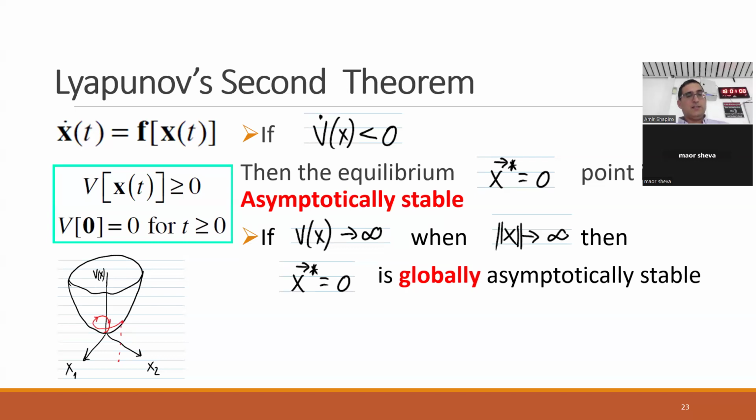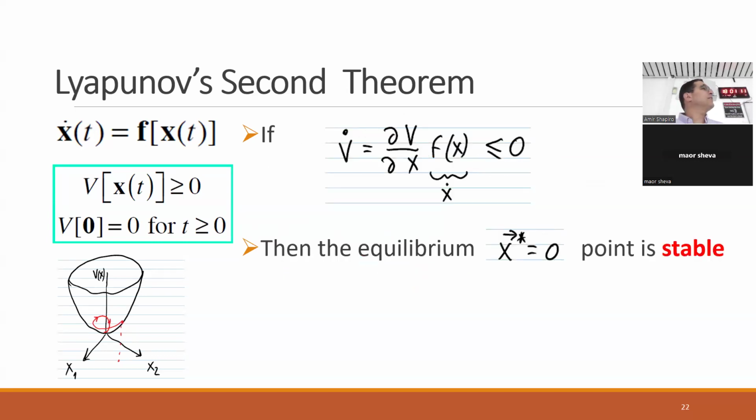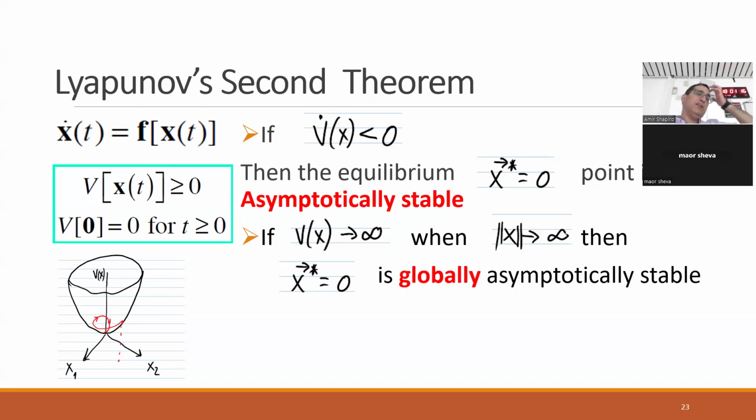And we can take it, so we started with just the stability when v dot is 0. Then we went to something a little stronger, which is if v dot is strictly negative everywhere, and v of x goes to infinity as x goes to infinity, then it's global, so it's even stronger.